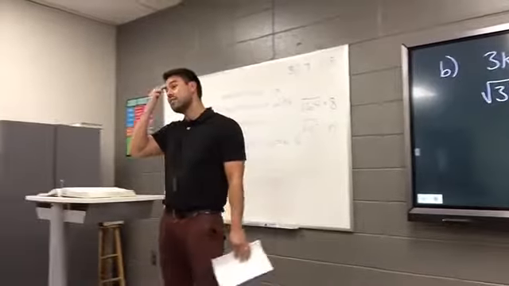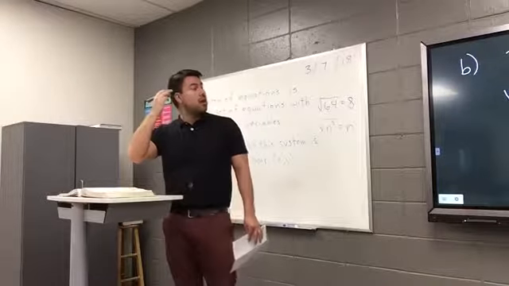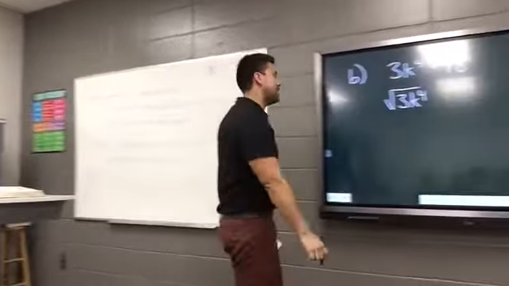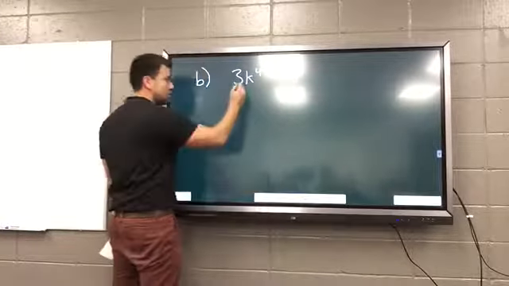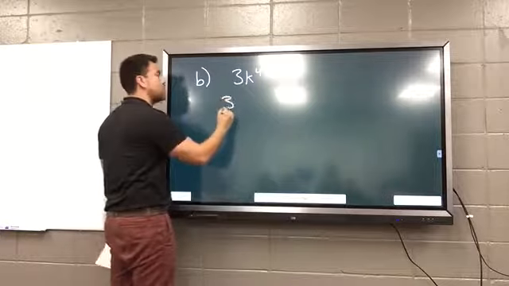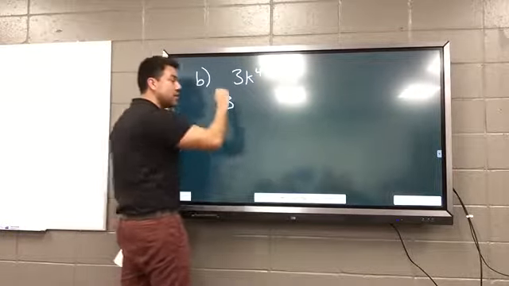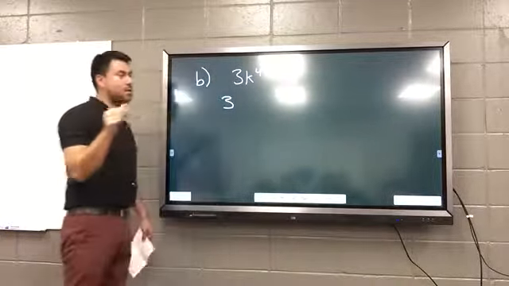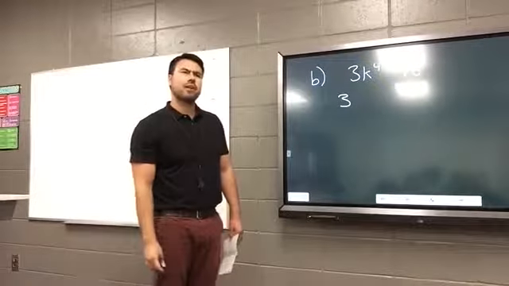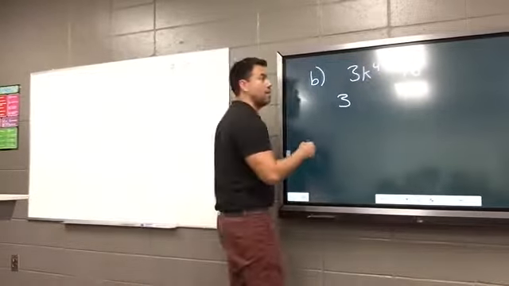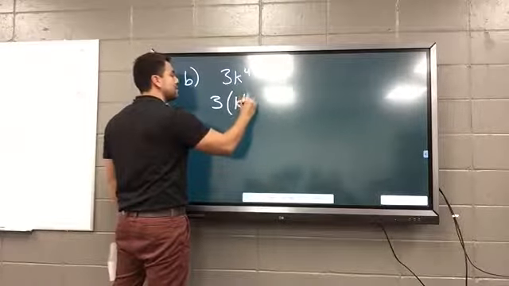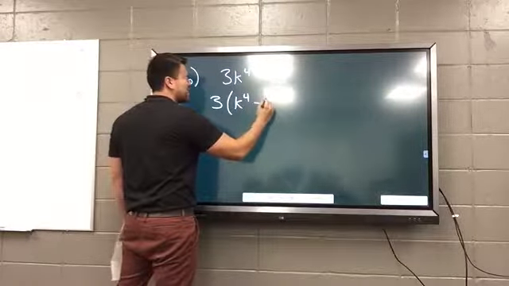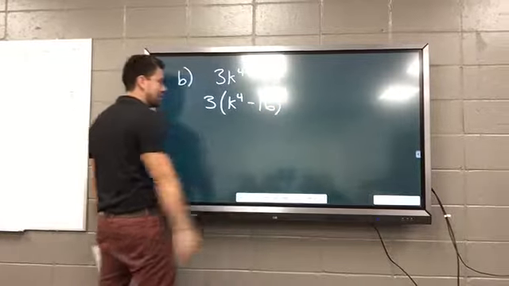Oh, no, it's not. Oh, man. You see the headache you're going to avoid if you found that GCF? What's the GCF of those two? 3 goes into both of them. If you try to do it without it, you might get to a certain point, but then you're going to wonder, isn't there something else I can do? Or I don't even know how to start this. What's left in parentheses? k to the 4th minus 16. All right, that's good.